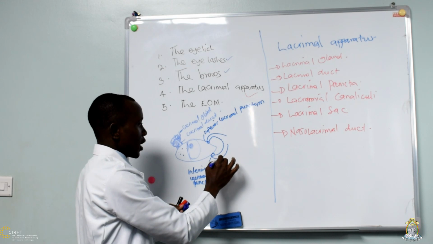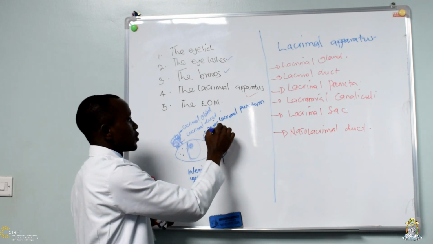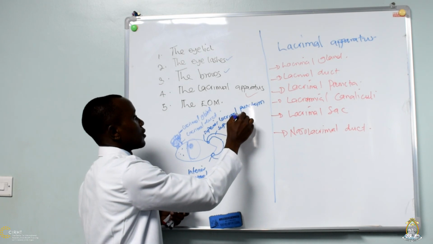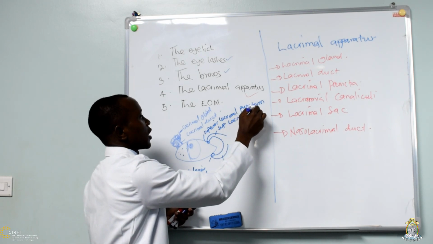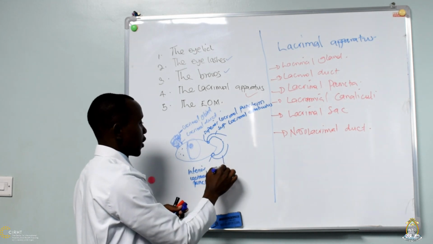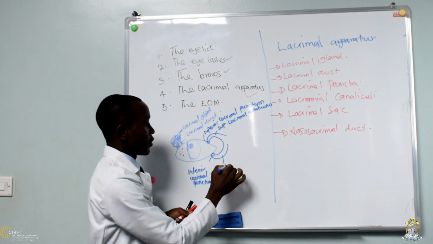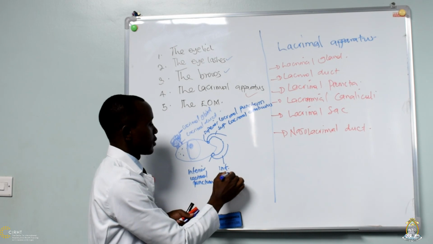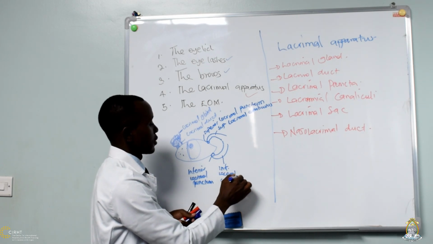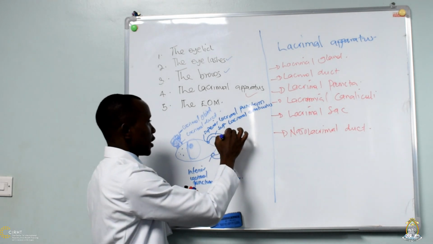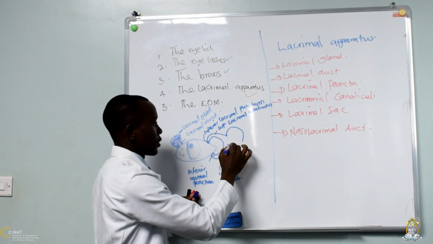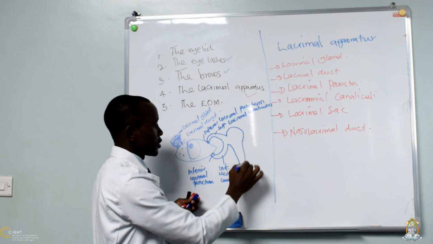Then we have the canaliculi. This is the superior lacrimal canaliculus, and here we have the inferior lacrimal canaliculus. Then at this point we have the lacrimal sac, and the nasolacrimal duct down here.